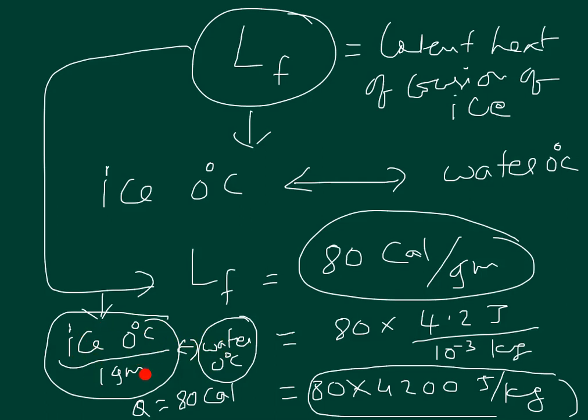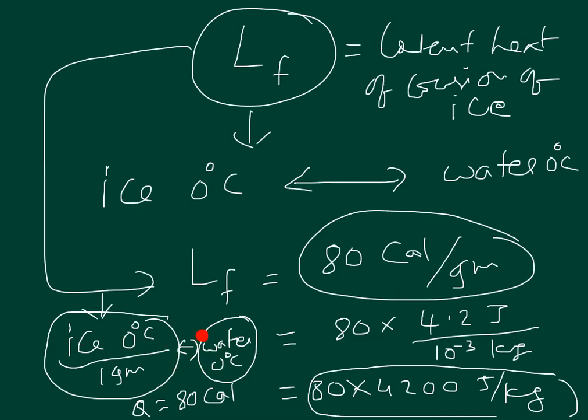Remember, don't forget this. I am taking 1 gram of ice at 0 degrees centigrade and I am providing 80 calories of heat to it, it converts to water. Or from water, if I remove 80 calories of heat, then what will happen? It becomes ice.